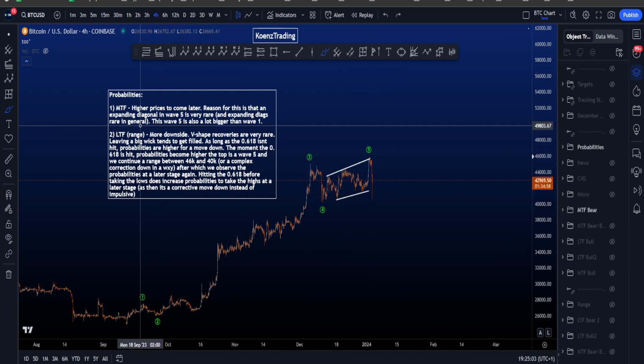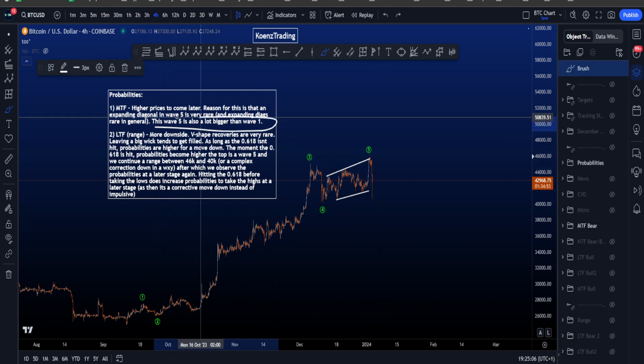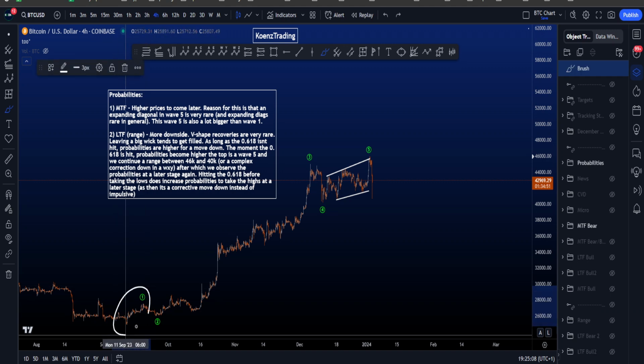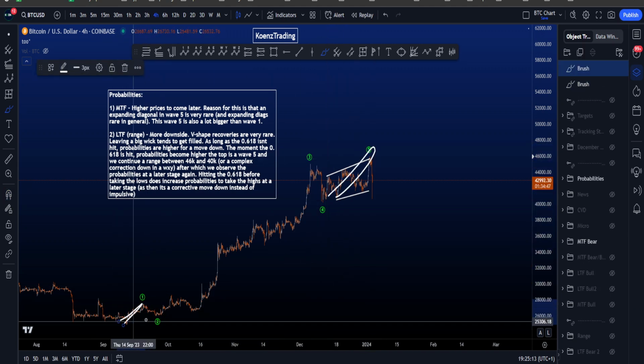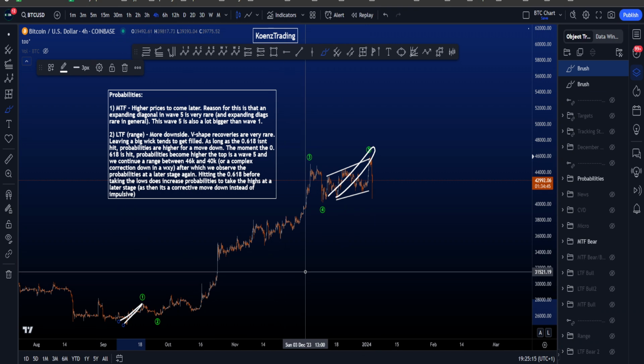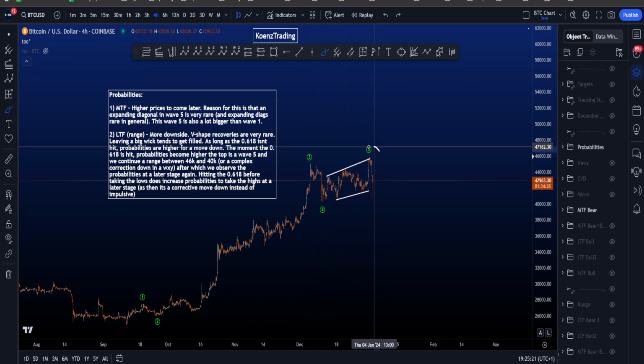And expanding diagonals in general are rare, but also in a wave 5 to end an impulse. And this wave 5 is also a lot bigger than this wave 1. If wave 3 is extended, generally wave 5 and wave 1 have a relationship in price and time, which is between the 0.618 and the 1.618, but clearly this wave 5 is much, much longer, which increases probabilities.